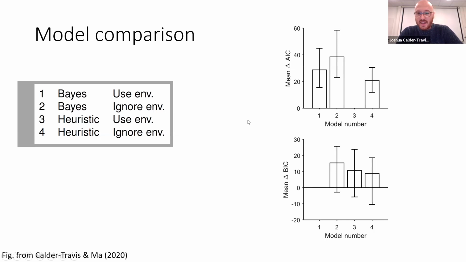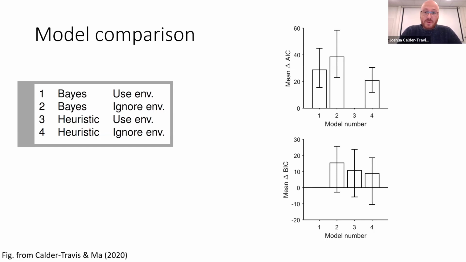And unfortunately, we have this case where, according to the AIC, model 3 fit best, but according to the BIC, model 1 fit best. And there seems no sensible reason to favor one of these information criteria over the other, given that they're both approximations.